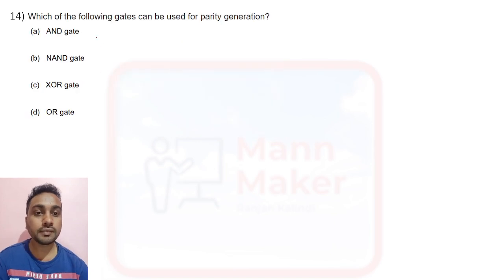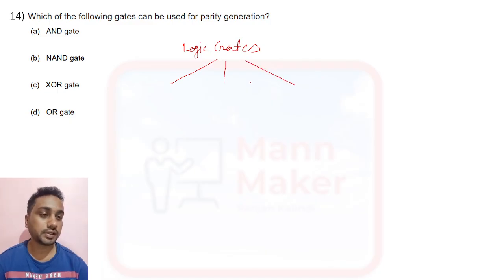Okay. Which of the following gates can be used as a parity generator? So if we talk about logic gates, we have three types of logic gates. What are the three types of logic gates? I know you will say AND, OR, NOT.